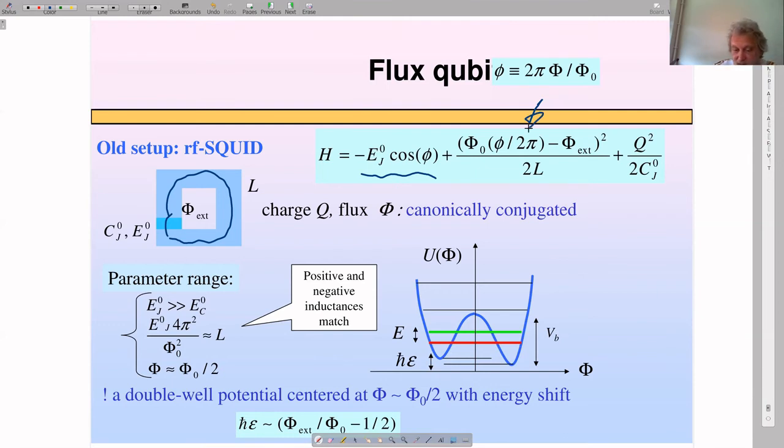It's inductive energy. So that also depends on phase, but in a parabolic fashion. Good. Then what do we have here? We have a parabolic term, and we add an oscillation term.